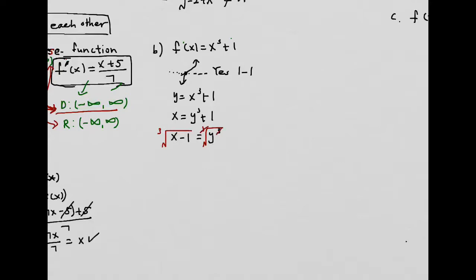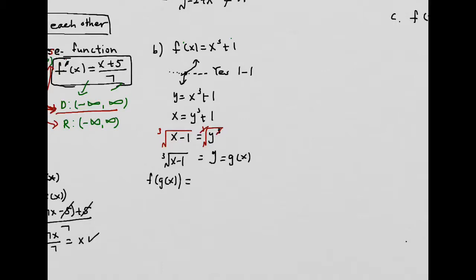The cube root cancels out the cube, so you can isolate y by itself, and you have the cube root of x minus 1 remaining. If f of x has an inverse function, and if we didn't make any mistake, this should be your inverse function. We're going to name it g of x for now so that we can check this out.